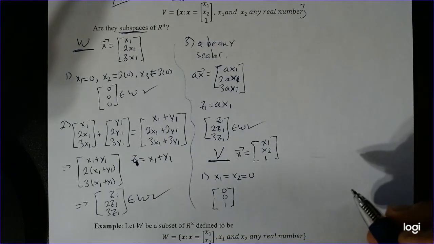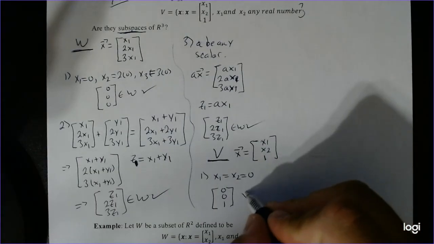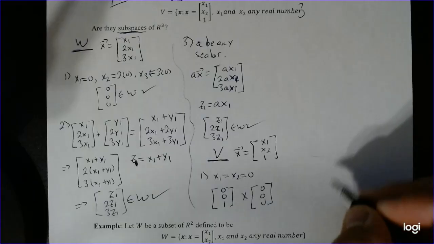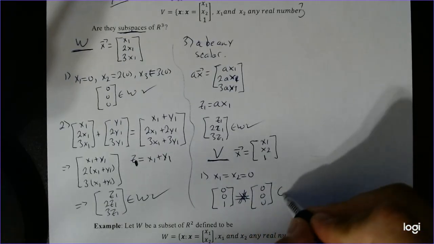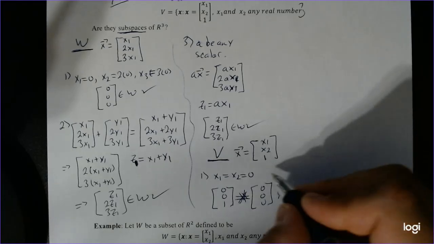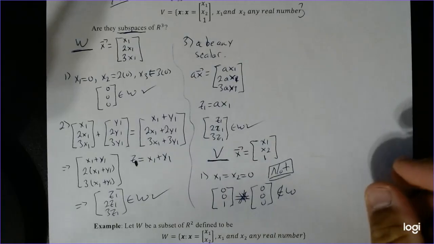So we have a problem because, remember, the 0 vector has to be this, which these are not the same, right? So they don't equal each other, so no way. Therefore, it is not contained in W.